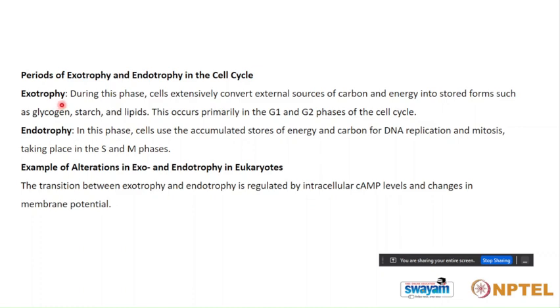Usually G1 and G2 phases are called the cell cycle rest phases, and during these phases this happens. In the case of endotrophy, the stored form of carbon in the cells will be utilized for DNA replication and mitosis, and this endotrophy takes place in the S and M phases of the cell cycle.